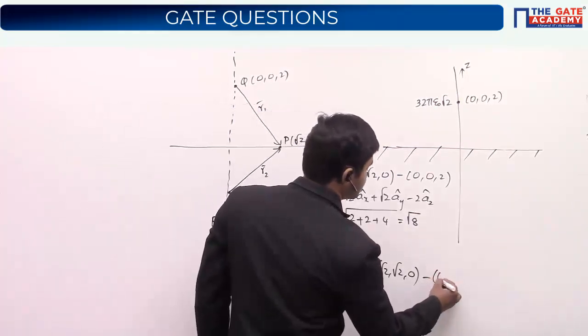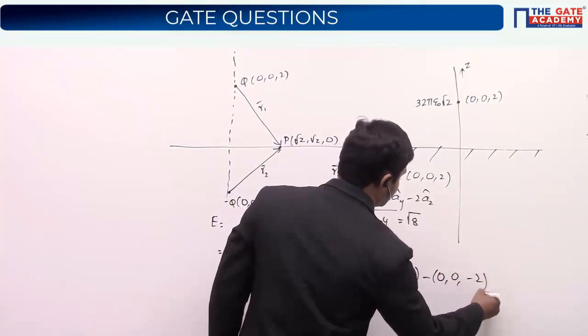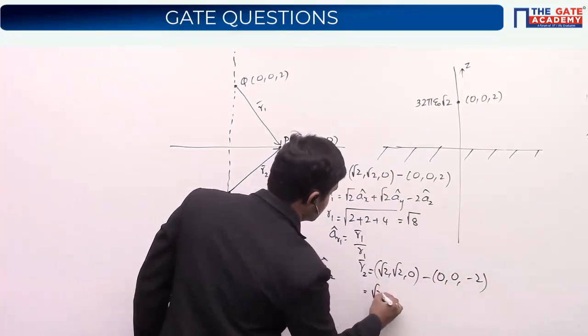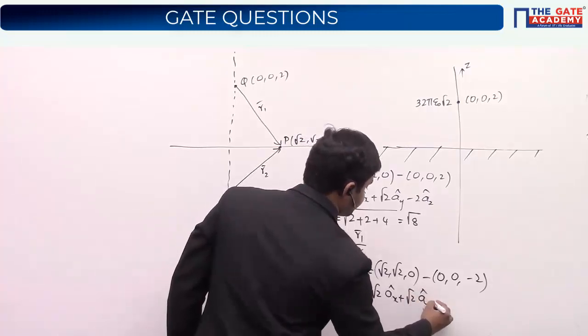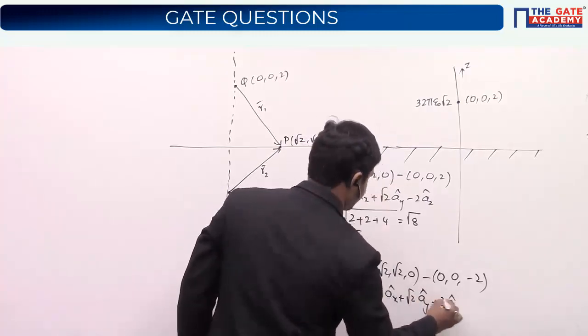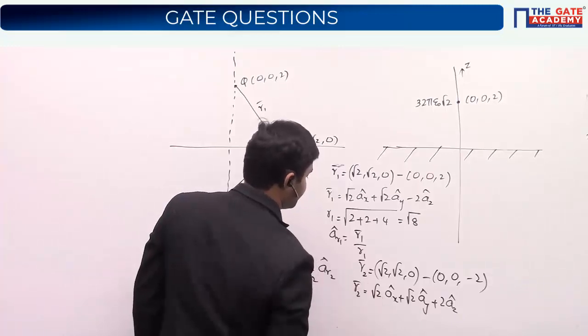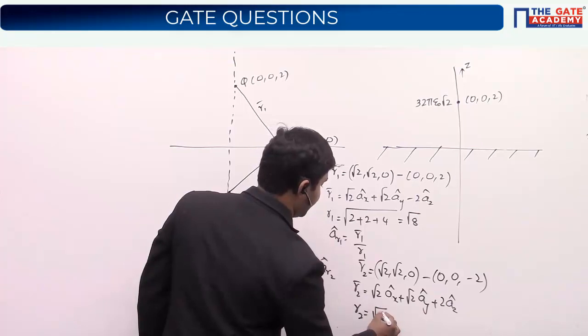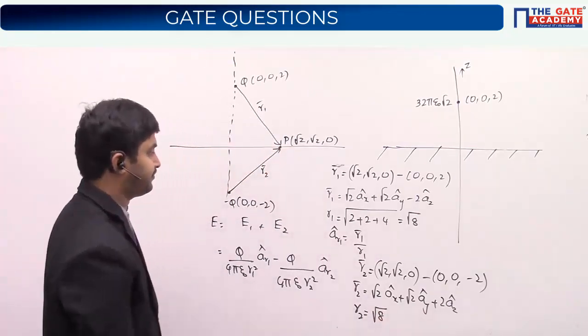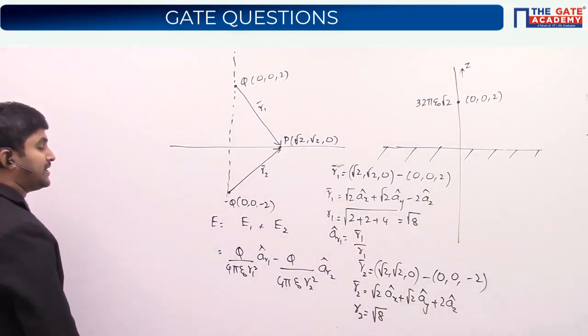So I'll write it as 0 comma 0 comma minus 2, which would be equal to root 2 ax plus root 2 ay plus 2 az. This is R2 bar. R2 will be equal to under root of 8. So let me substitute here.